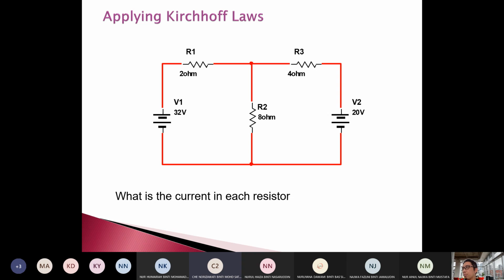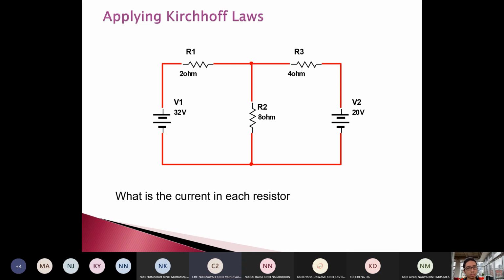Because I don't have my calculator with me right now. What is 28 divided by 22? 1.27. Okay.